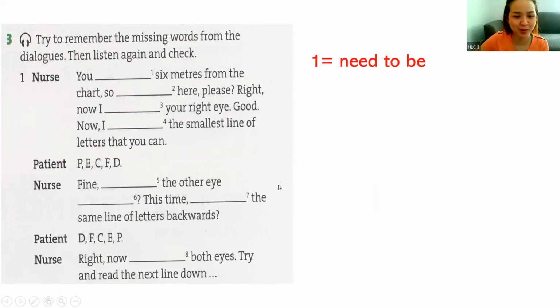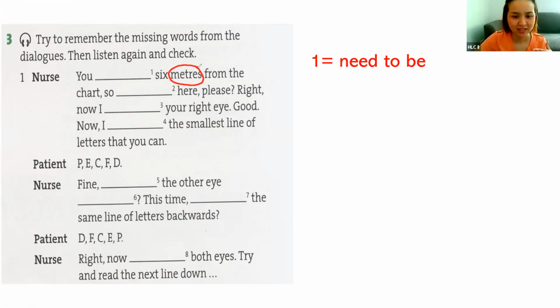So number one, you need to be 6 meters. I'm gonna point out the pronunciation that I think is essential, in my opinion. In Thai you say it one way, but in English it's meters.